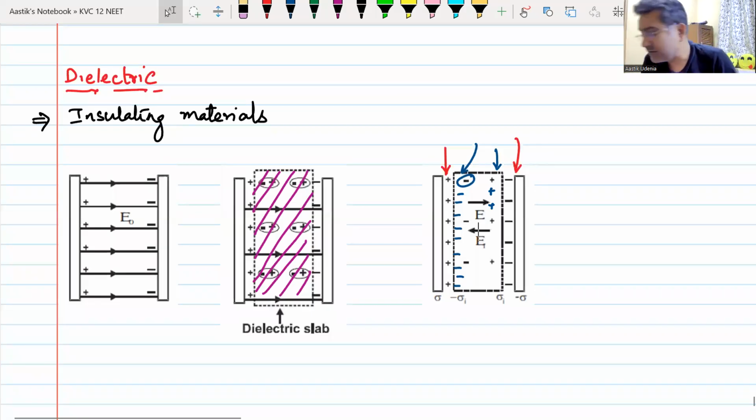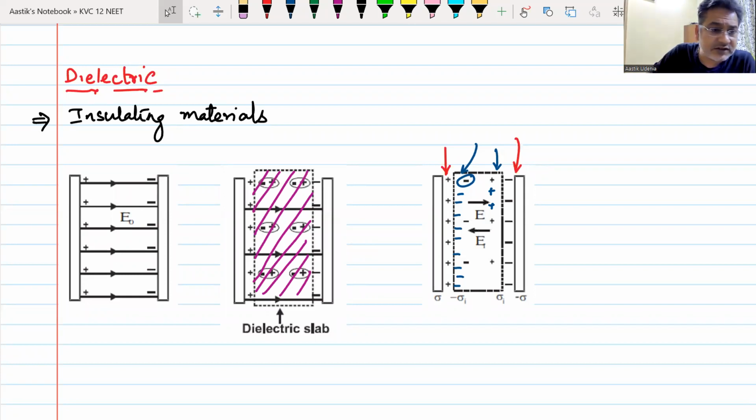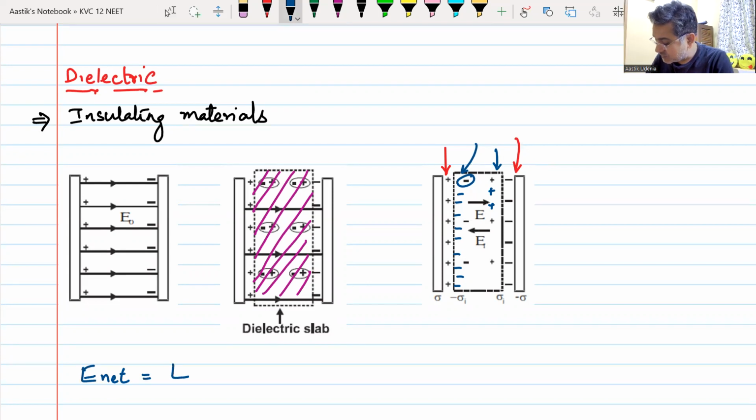Now, because of the charges which are introduced on the dielectric, the net field inside the dielectric becomes the original field E naught divided by K. This K is known as the dielectric constant.